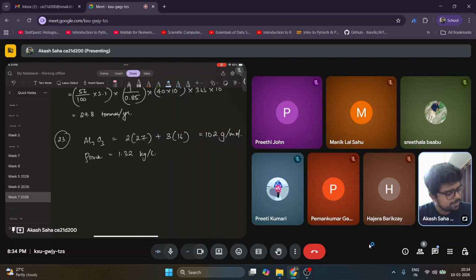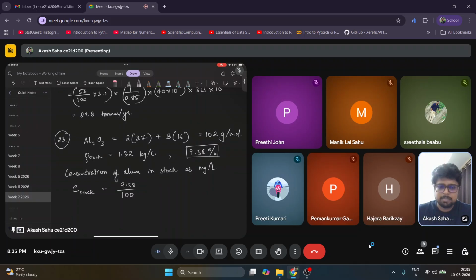So first we will find out the concentration of alum in stock, as gram per liter. The percentage of the stock, 9.58 percent, is given in the problem. So my C stock will be 9.58 by 100, because it is 9.58% into the density 1.32 kg per liter.